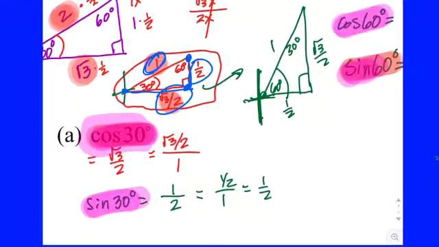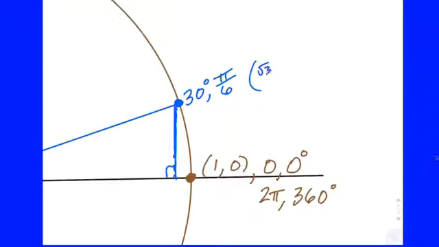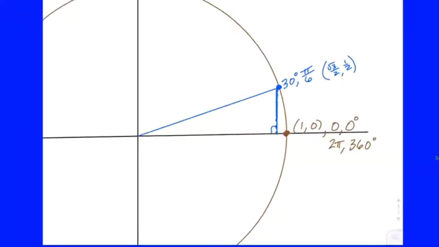Yeah, because the hypotenuse is 1. So the ordered pair there is square root of 3 halves, comma, 1/2. Well, that's why we scaled it first. The horizontal was the x-coordinate. The vertical was the y-coordinate.